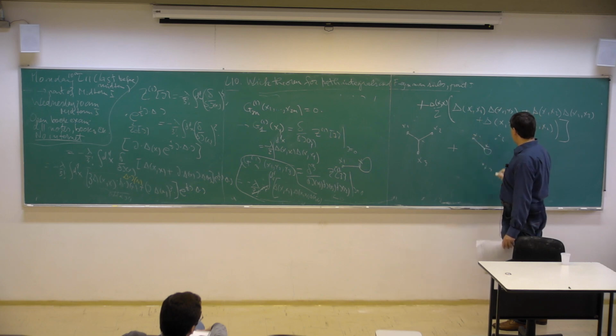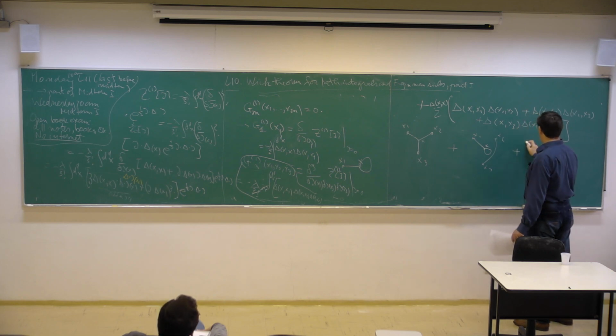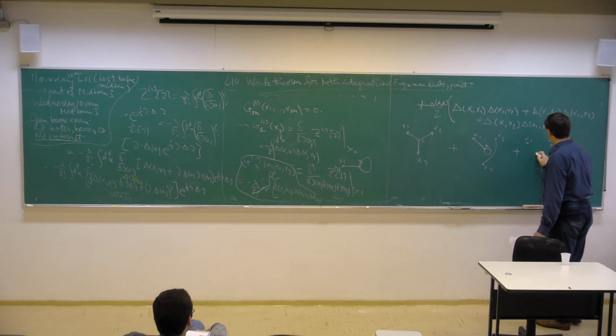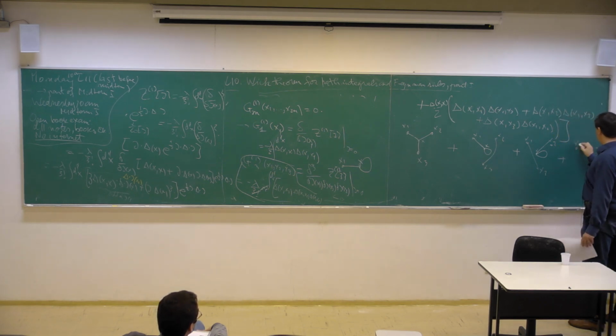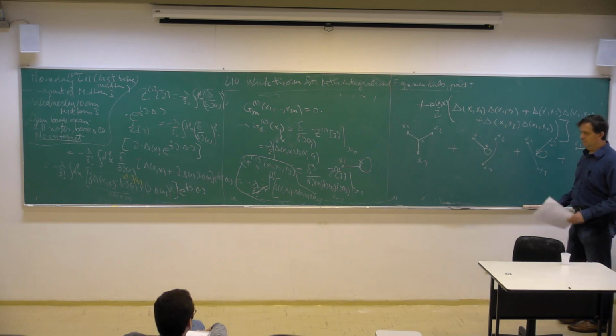So this is 1 term, and then this, plus from x2 to x3, plus, let's say, this term, plus x with x3, x1, x2, right?